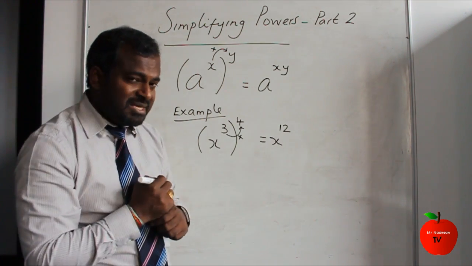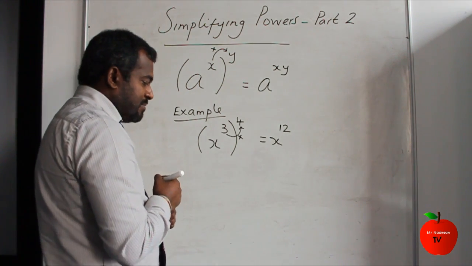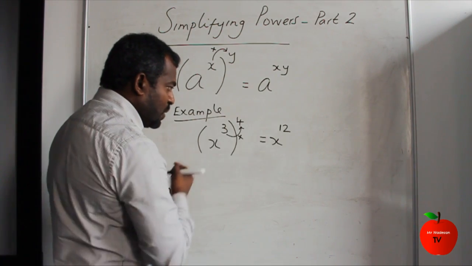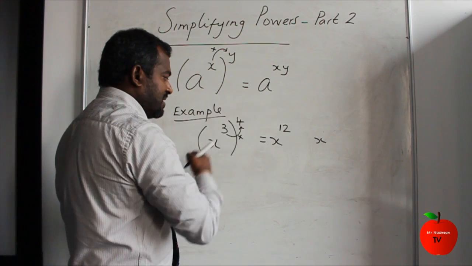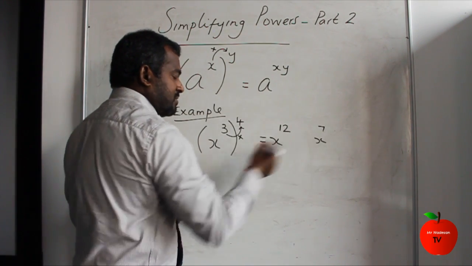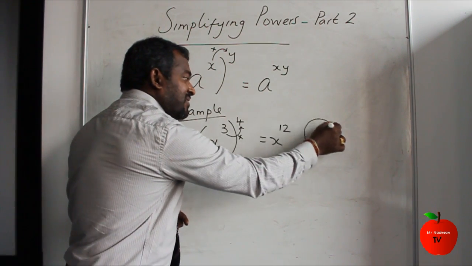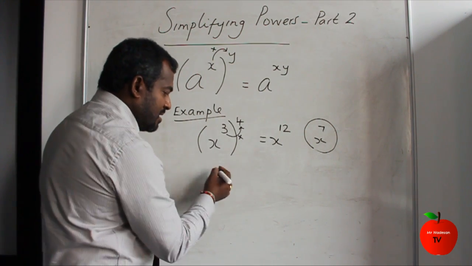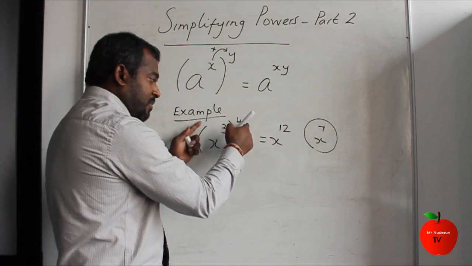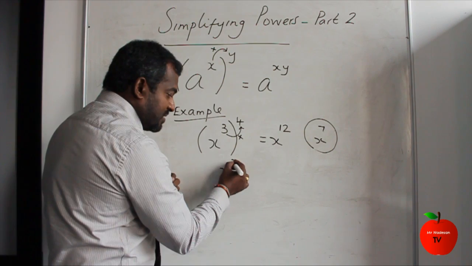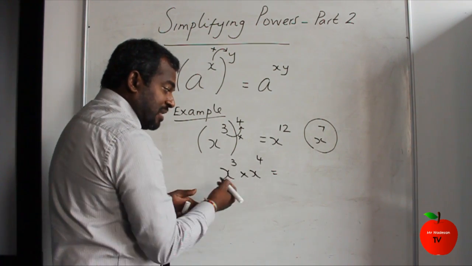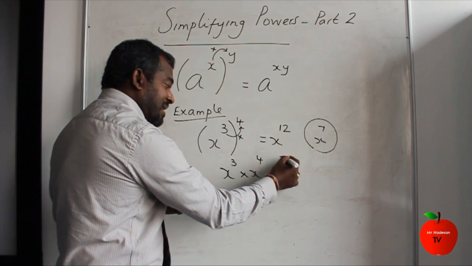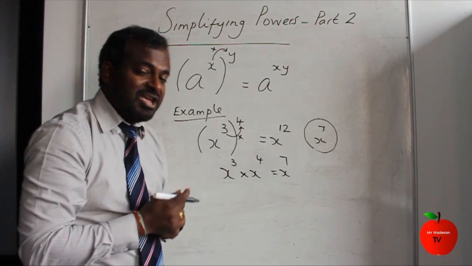Where can you make a mistake here? People can make a mistake. Instead of 12, they put x to the power, they add them together, 3 plus 4, they put 7. Why are they thinking like this? Because they think x to the power 3 to the power 4 means x to the power 3 times x to the power 4, and when the base is equal you add the powers, and that's why they put 7 here.